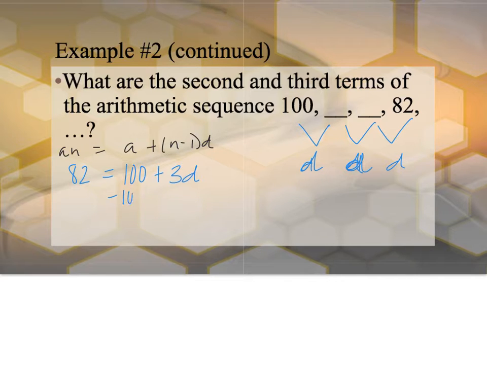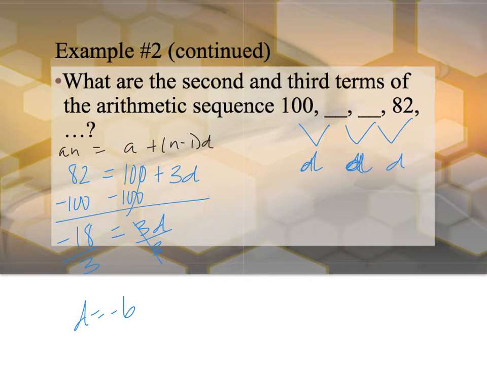So if I subtract 100, I will have that 3D is equal to negative 18. Sorry. Last, if I divide by 3, then D equals negative 6. So from 100 to 82, we are subtracting 6 every time.